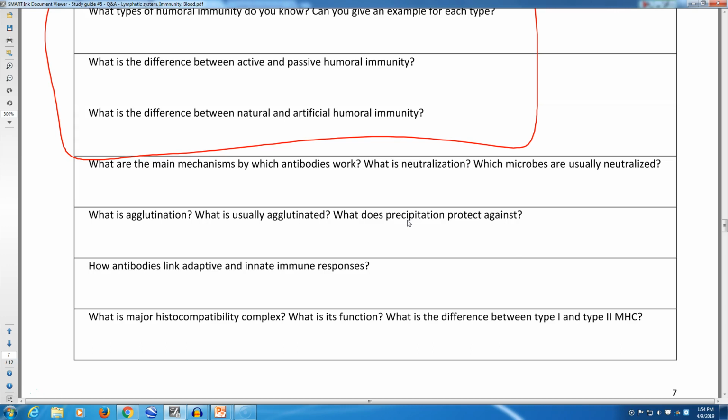Remember, again, I remind you, if I ask you what can opsonize a pathogen, you can tell me it's complement or antibody. Does that make sense? Not only one of them. Complement can opsonize, antibody can opsonize. Now, how antibodies link adaptive and innate responses, we already answered that question: complement activation and increased phagocytosis.